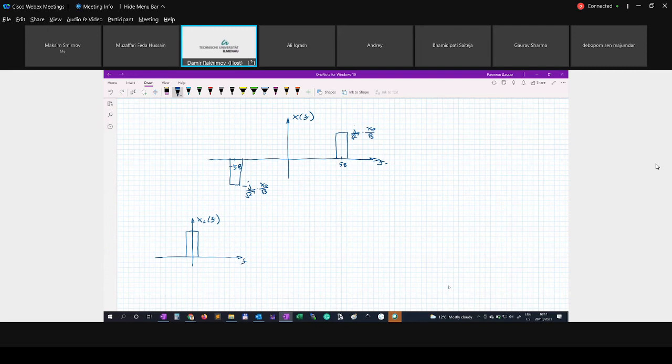This is how it looks like. It's j x0 over b. And then we have to reduce energy because we're going to double this signal, and as a result, we will double the energy. In order to keep it the same, we have to divide by square root of 2 because we increase the number of components in our spectrum.